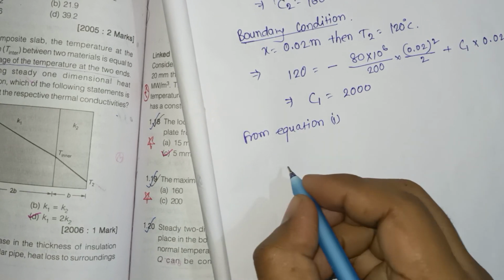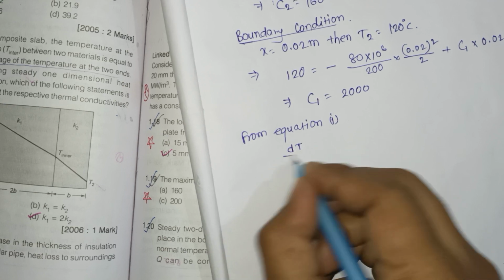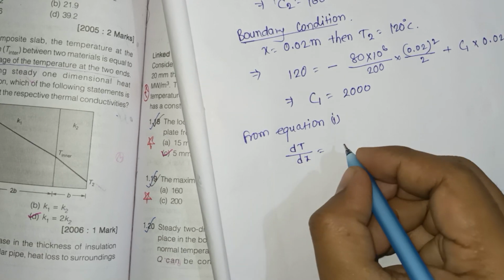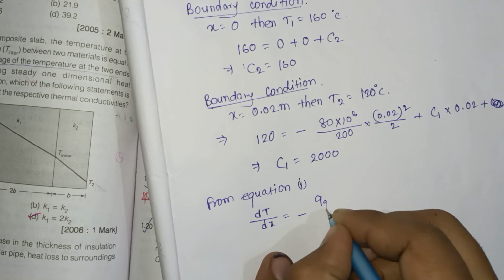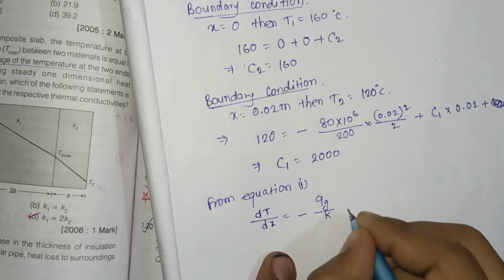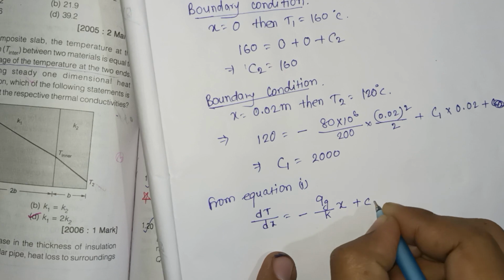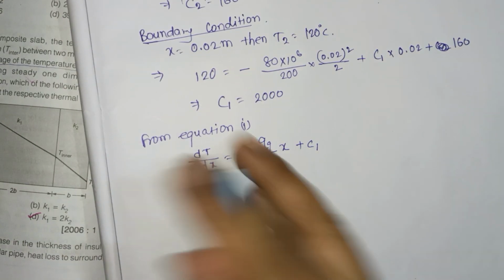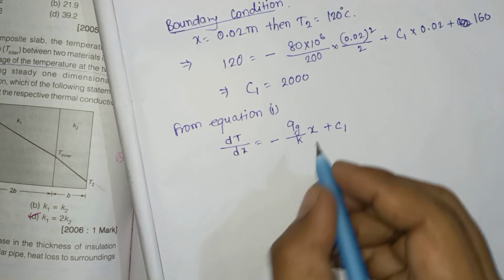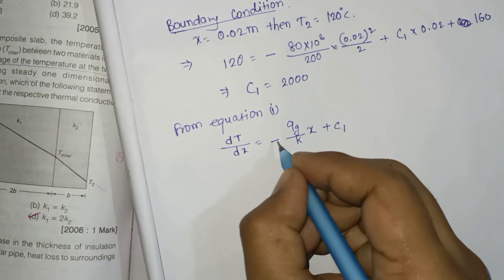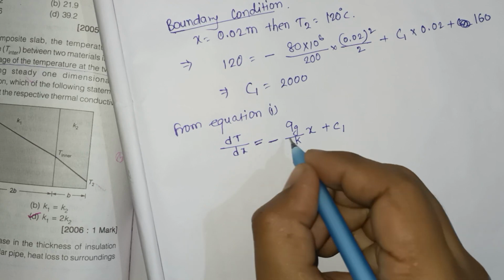From equation 1, dt by dx is equal to minus qg by k x plus c1. This is equation number 1.